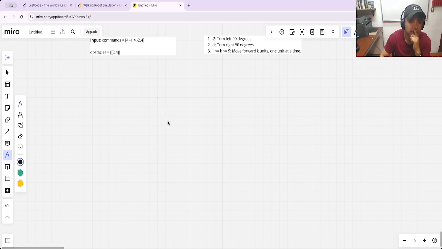Okay, we know that we start at 0, 0. We can increase and only have two pointers, x and y. For example, x is equal to 0, y is equal to 0, and we always have this.